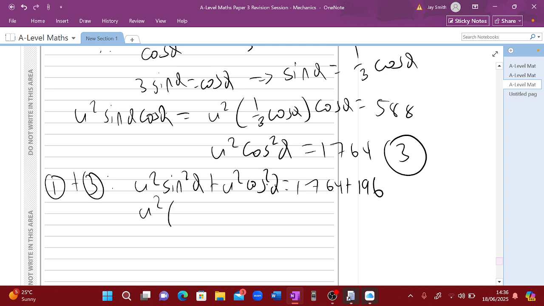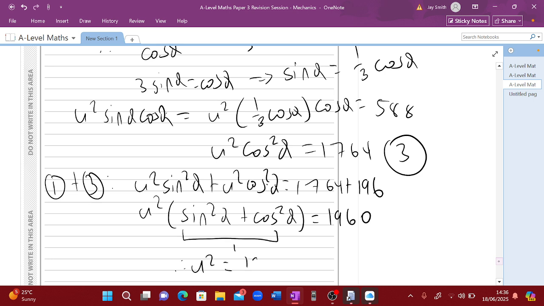Then I can factor a u squared out, and this is where I can see it working together nicely. Sine squared plus cos squared, this summation, is 1960. Well, this goes to 1. So therefore, simply u squared is now 1960, which I can now solve for u.